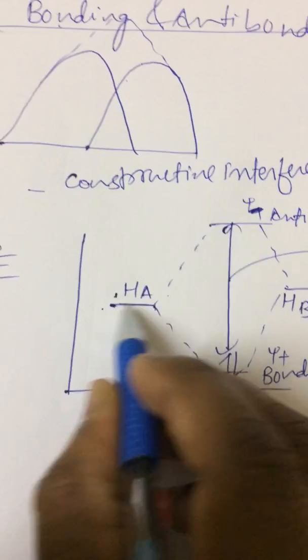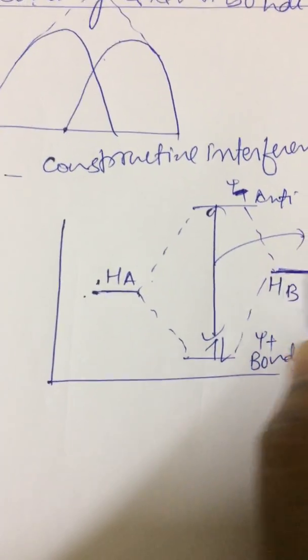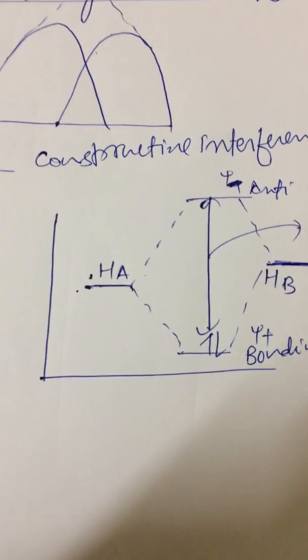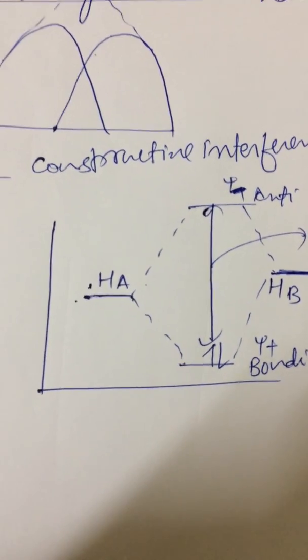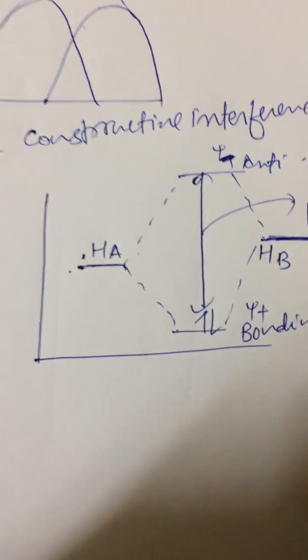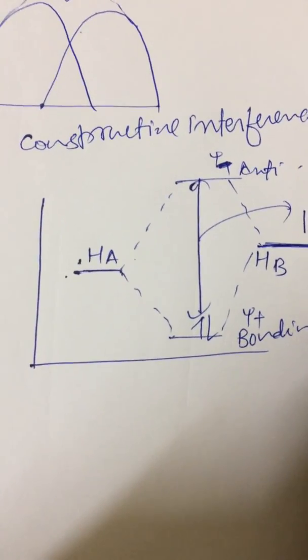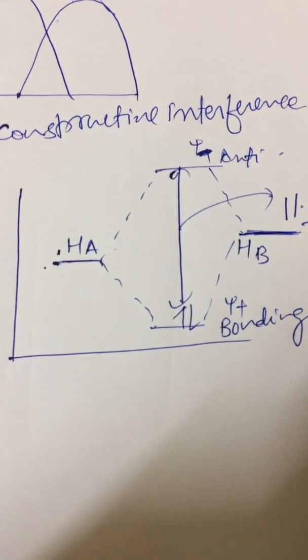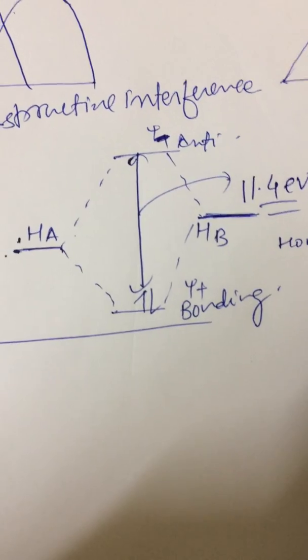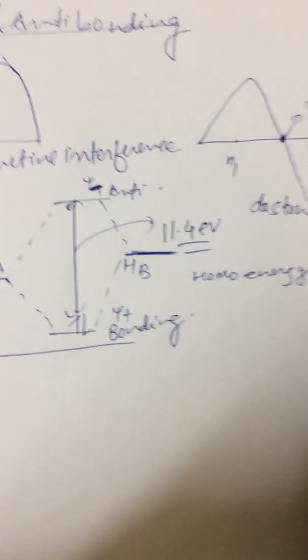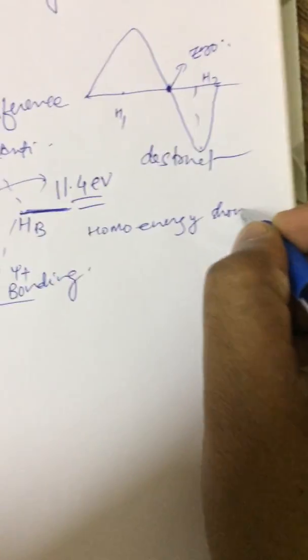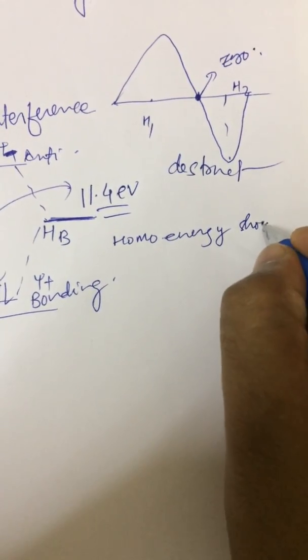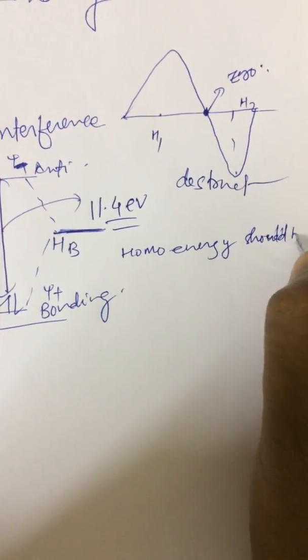As I told, this energy should always be the same for homonuclear molecular orbitals.